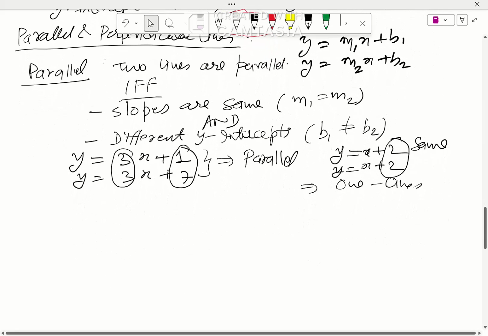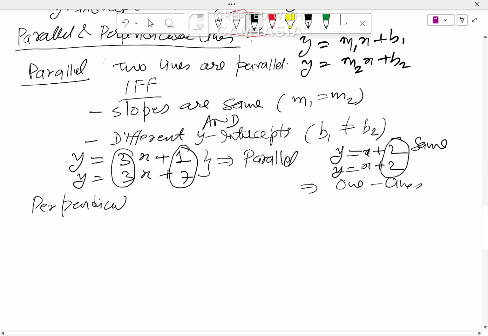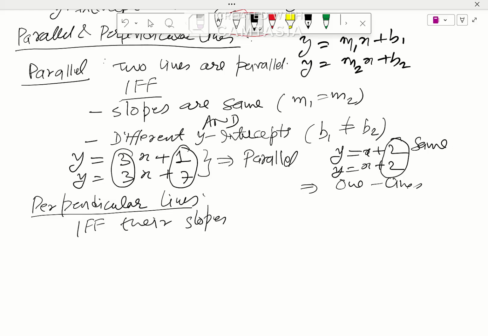Now the next concept is about the perpendicular lines. When can the two lines be perpendicular? Again, if and only if their slopes are negative reciprocals of each other.